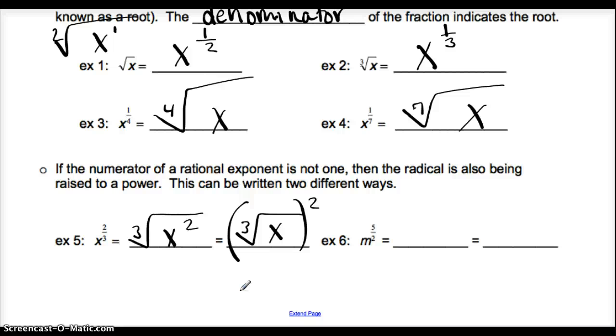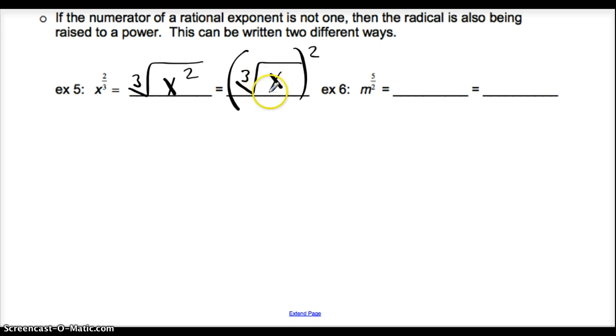So how could I rewrite the third root of x? How could I rewrite this right here? Ignore the 2 for right now. Cube root of x could be the same thing as what? This could be x to the 1/3 raised to the what? Second.